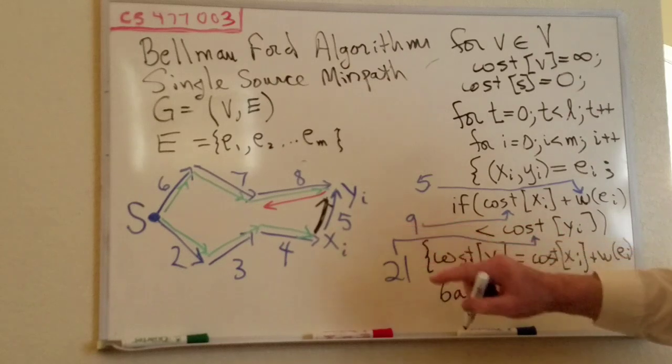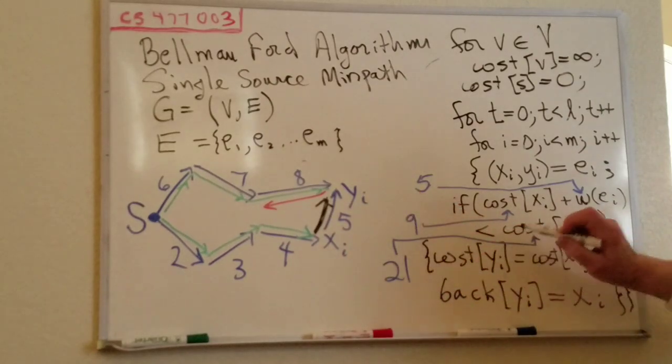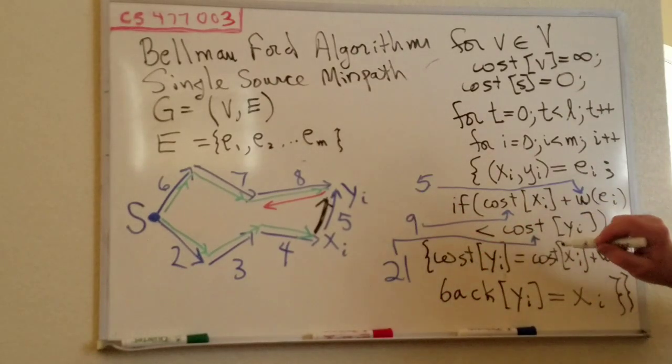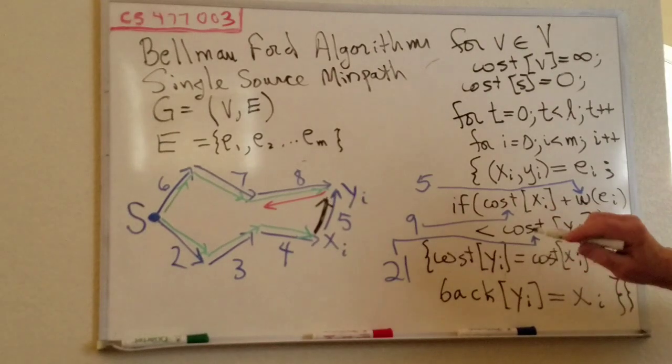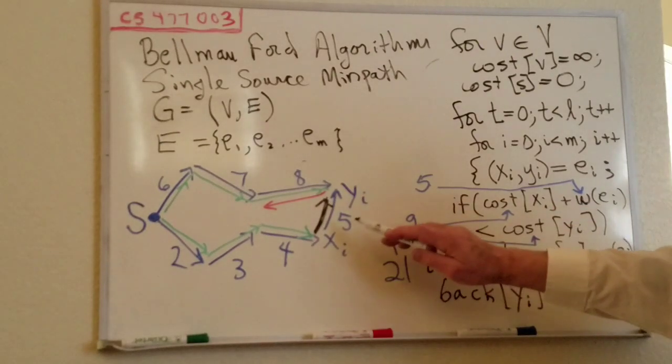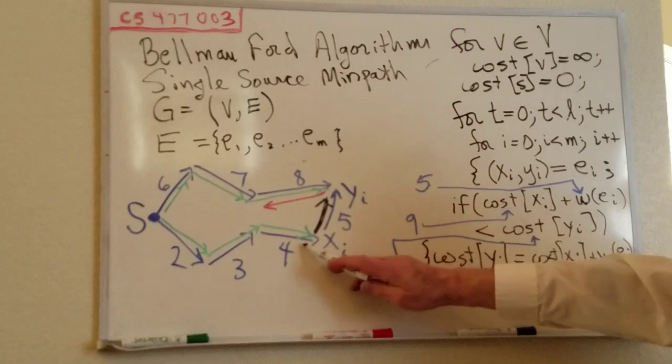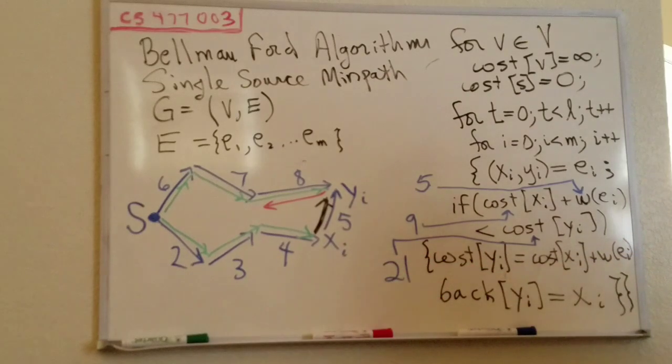In the picture over here, I have x_i, y_i, and here I'm assuming that t is actually 3 at this point. So we have computed all the shortest paths of no more than 3 edges.